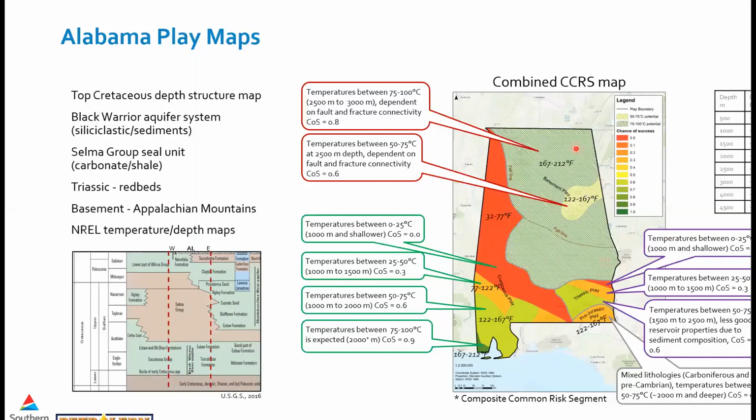To the north or the northeast, we have the basement play, and it's simply looking at what is just below the soil, and you're entering into the basement, and you have to drill pretty deep down to between 2.5 kilometers to 3 kilometers to enter into temperatures of interest, and that is the 50 to 75 degrees Celsius and 75 to 100 degrees Celsius.